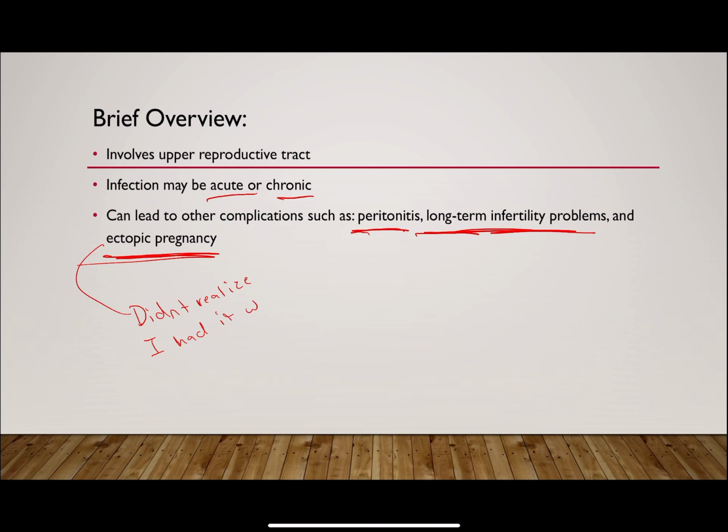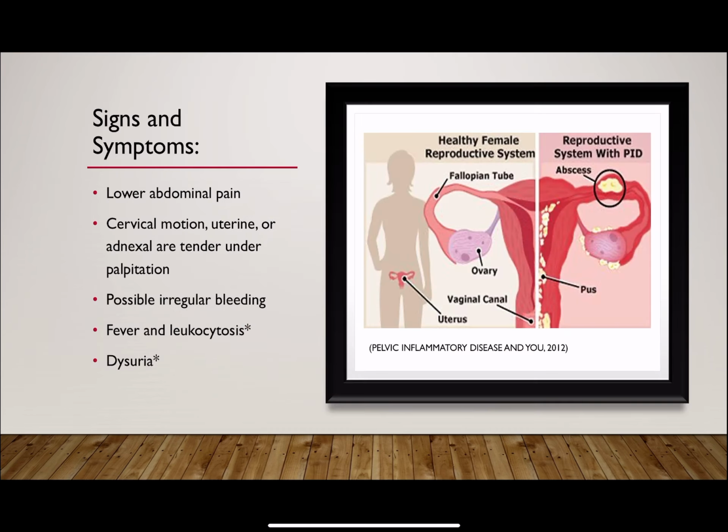As far as signs and symptoms of this infectious disease go, in most cases a good sign is going to be some type of STD or vaginal infection, such as cervicitis or vaginitis. It wouldn't be uncommon to see lower abdominal pain, vaginal discharge, and irregular bleeding.